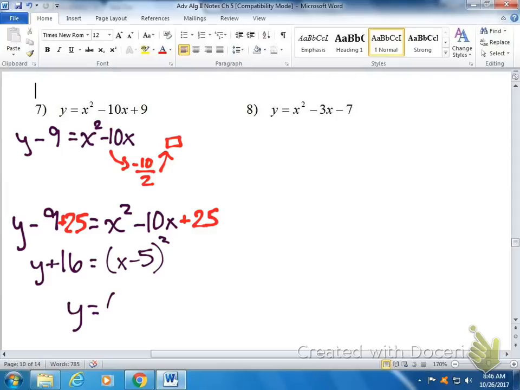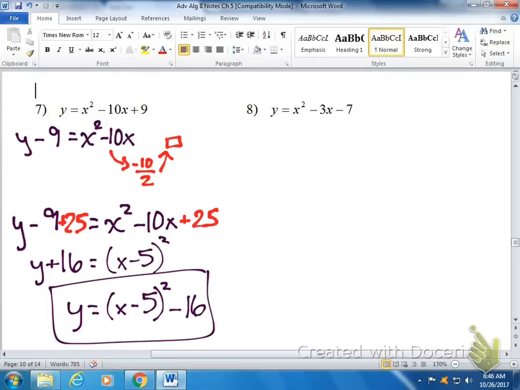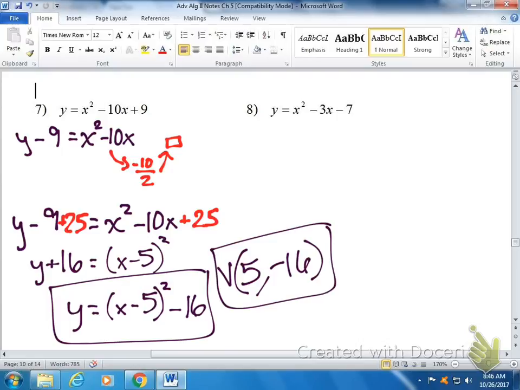Get it in vertex form, so we have y equals x minus 5 quantity squared minus 16, and we can easily find that vertex. The vertex is going to be the opposite of this. I kept calling it the x position because it's the x coordinate of the vertex, but later on you're going to hear me call it the h position because that's what that form was at the beginning of the notes on this page. So this is positive 5, negative 16.